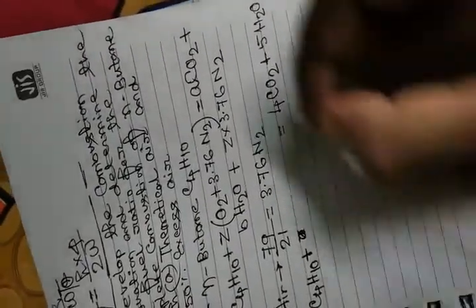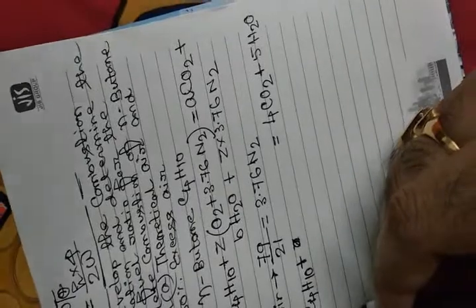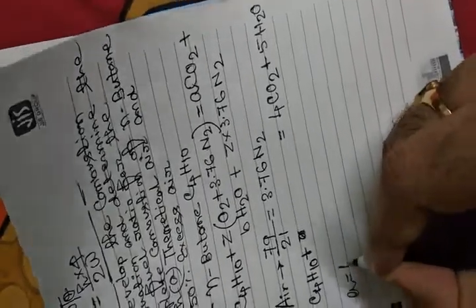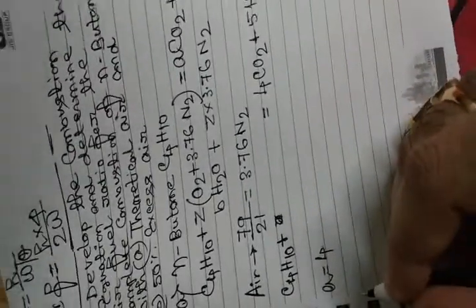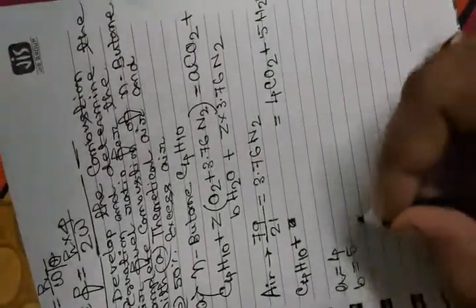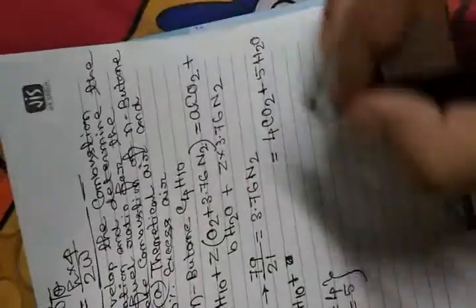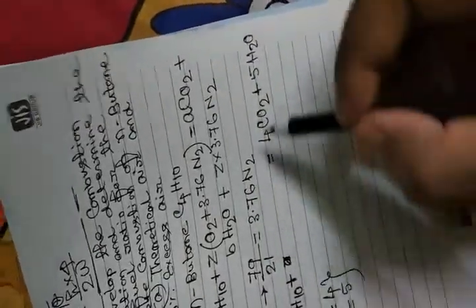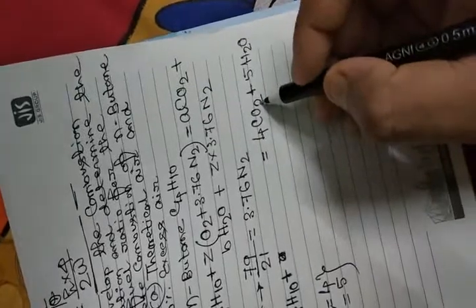So ultimately A equals 4 and B equals 5. So now it will be 4 into 2, 8, plus 5, so 13.